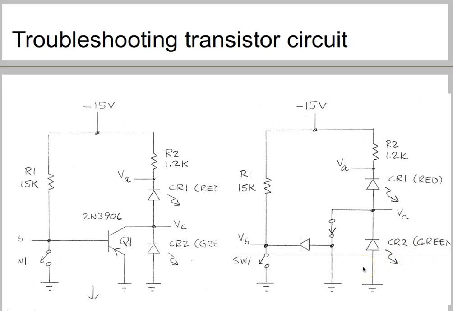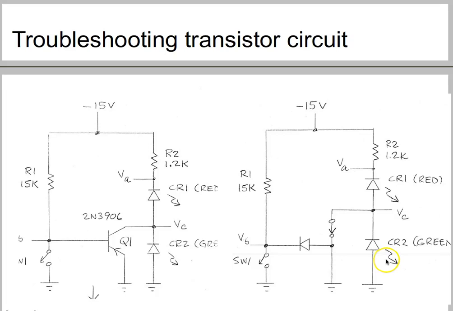This also means that the anode of CR1 is at ground, and if it is at lower potential, that means CR1 should be on. So in short, when this switch is open, your CR1 will be on and CR2 will be off.